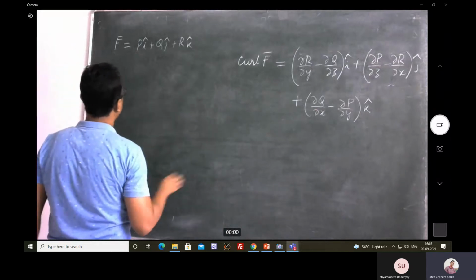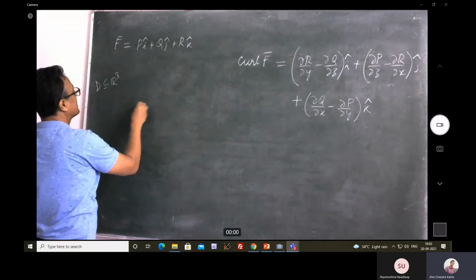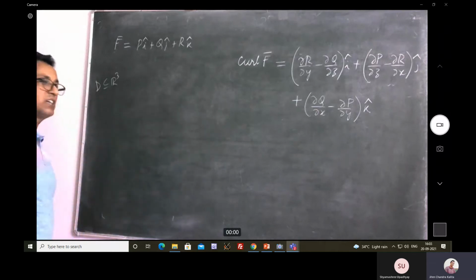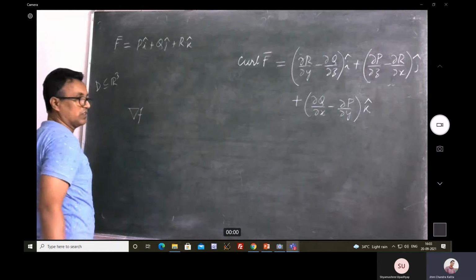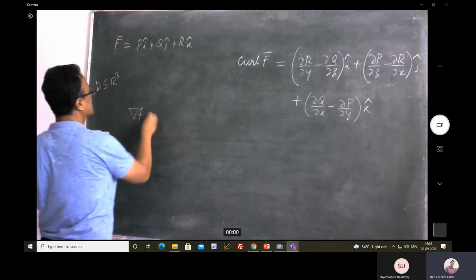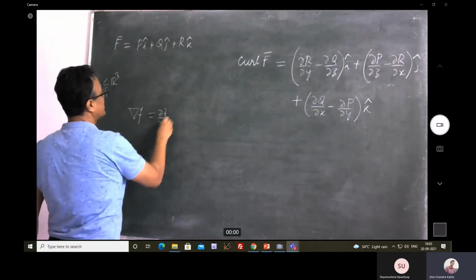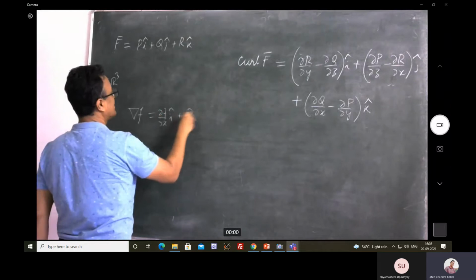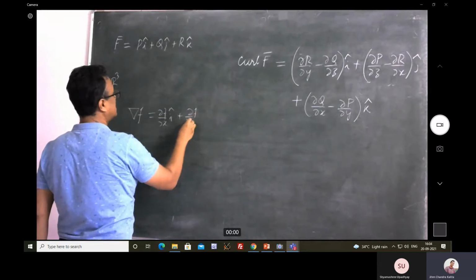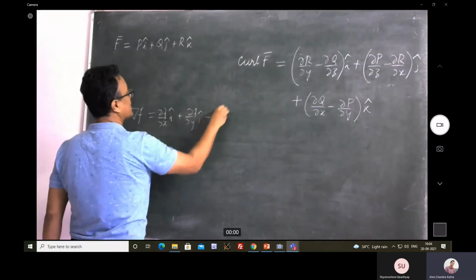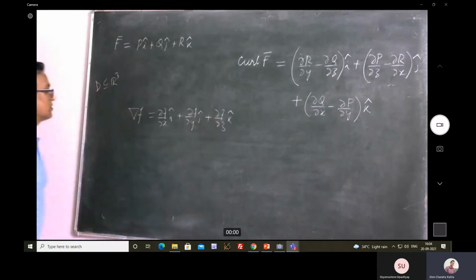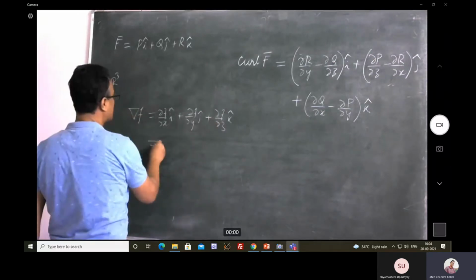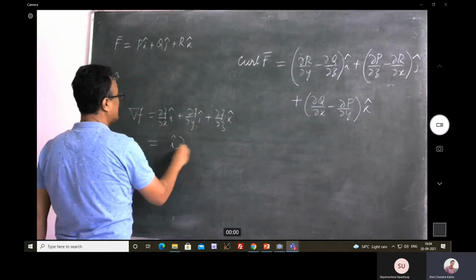In fact, earlier we have defined the gradient of a scalar function. So what was this? This was simply del f/del x i plus del f/del y j plus del f/del z k, isn't it?